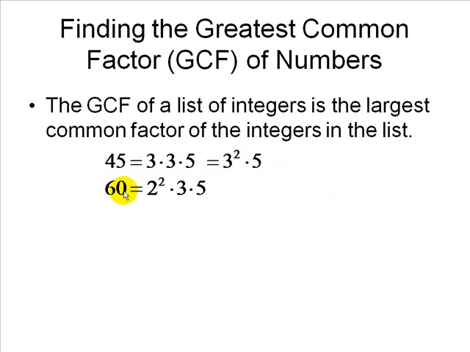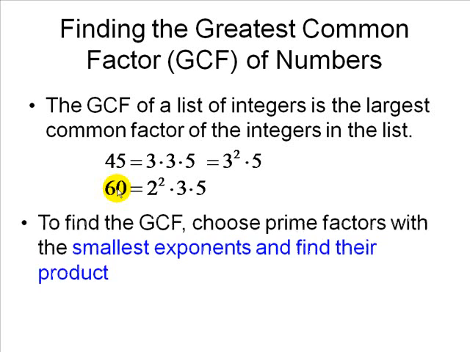Another number is 60, which can be broken down as 2 squared times 3 times 5. We note that 3 squared times 5 is equal to 45, because 3 squared is 9, and 9 times 5 is 45. 2 squared is 4, 4 times 3 is 12, and 12 times 5 is 60.